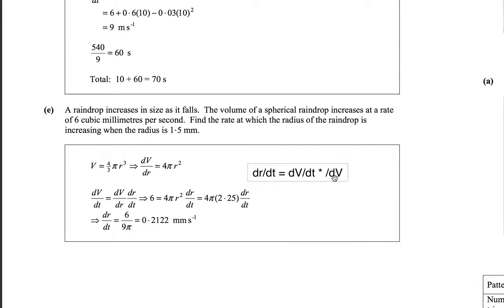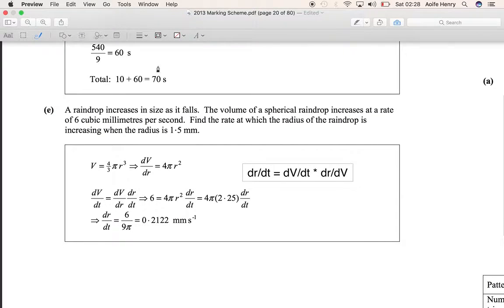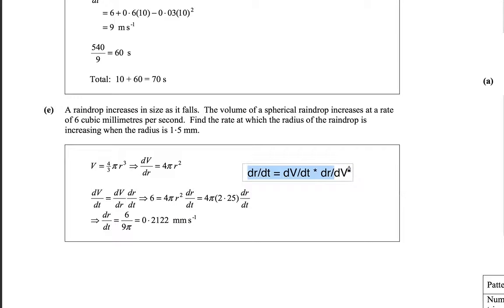We also want a dr there, so on top of the line is going to go dr. So these two dv's will cancel, and you'll be left with dr over dt, which is what we want.